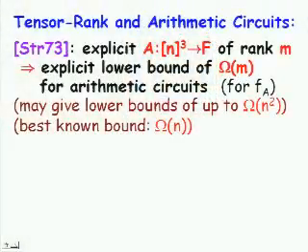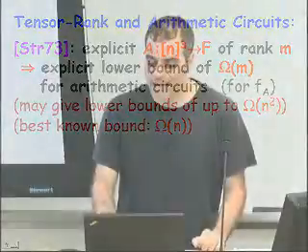So given a tensor A, we have a polynomial f_A defined as follows, and it is very well known that there is a connection between tensor rank and lower bounds for arithmetic circuits. This connection goes back to a work of Strassen from 1973.